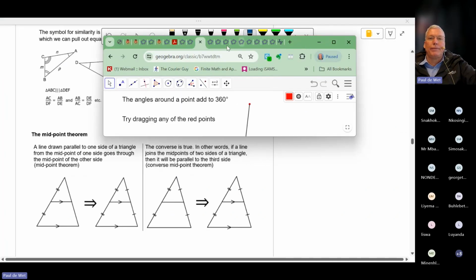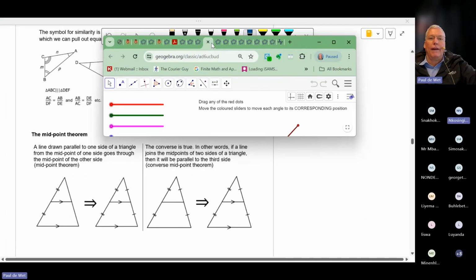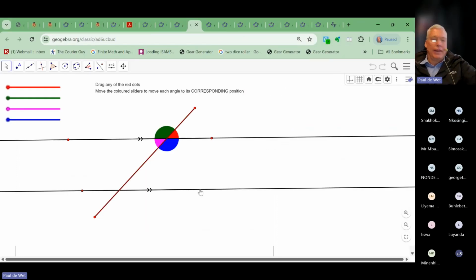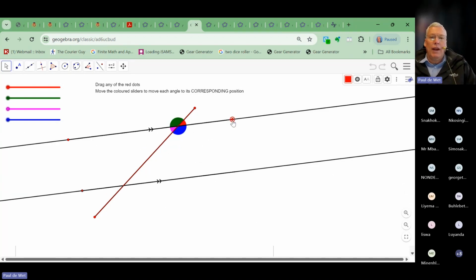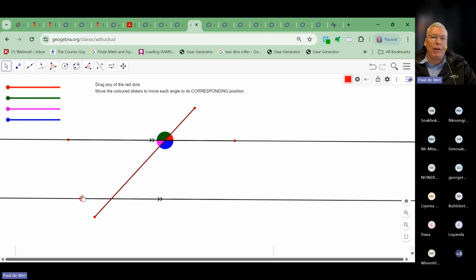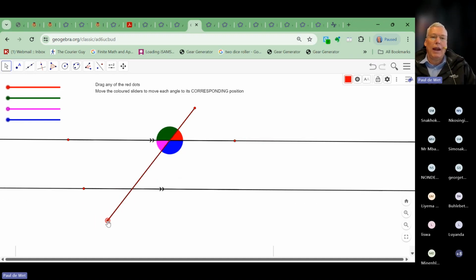Okay, now what I've got is some parallel lines. I actually left them in my car, because when I show them to you guys, the people who are online don't see. Right, but these lines are parallel. You can see as I move the line, this says parallel, okay? So the lines are parallel.